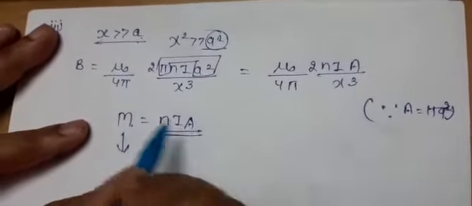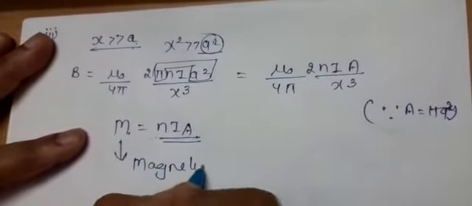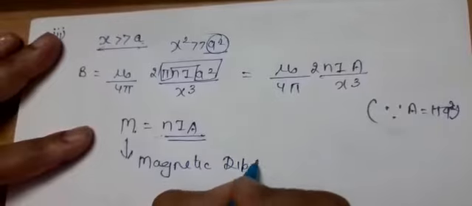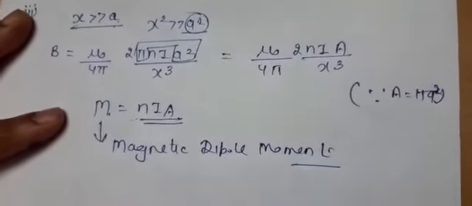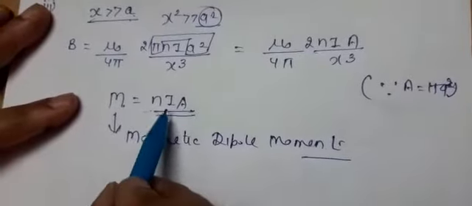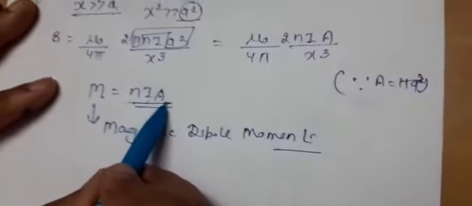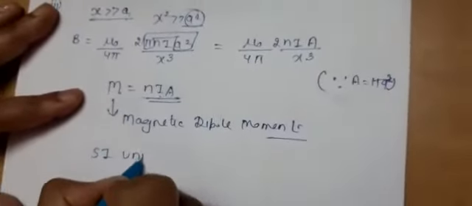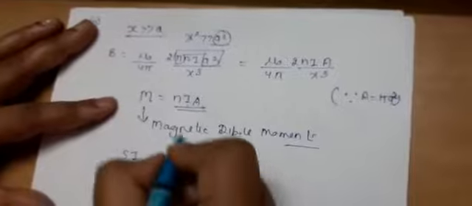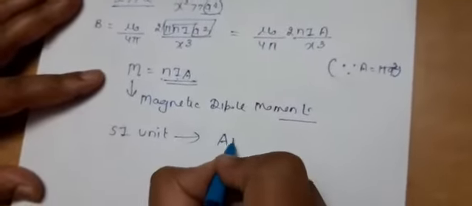This is the magnetic dipole moment of the loop. It is taken as the number of turns multiplied by the current flowing through it and the area. So the SI unit of this magnetic dipole moment will be: N is unitless, ampere for the current, and for area it is meter square.